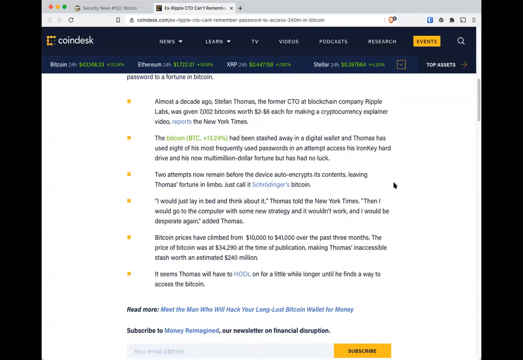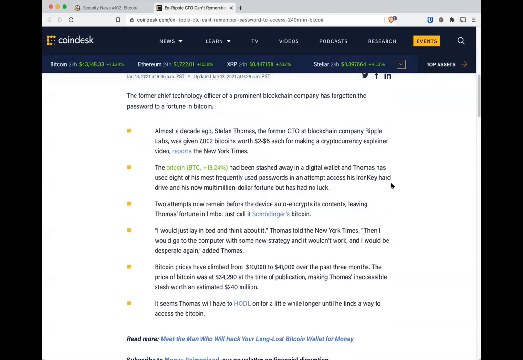So now it's up to like $240 million, and he can't get into the wallet. And I didn't realize this, but apparently there's some kind of lockout mechanism where after a certain number of tries, it encrypts the entire contents of the wallet. And he's got 2 tries left. So that's a lot of money on the line to be unable to access because you forgot your password.